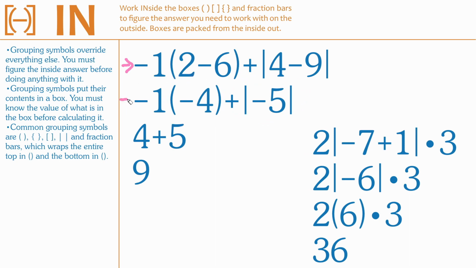Okay, so we've done this step. Now, -1 times -4 is +4, and we come down here. Now, the absolute value of -5 is just 5. The absolute value of a positive is a positive. The absolute value of a negative is a positive. It just turns every answer, your final answer, into a positive.